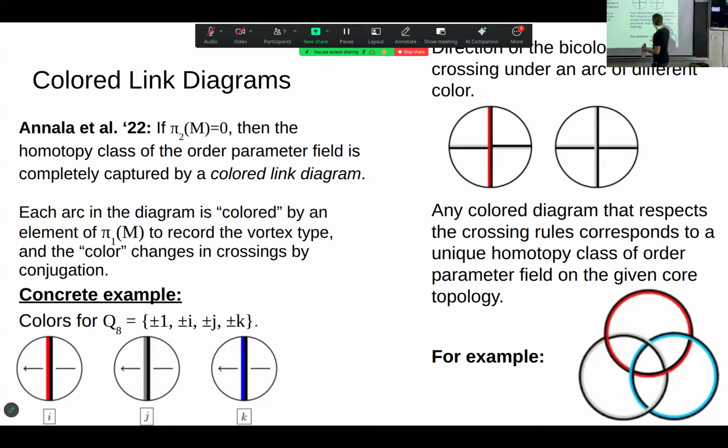Let me emphasize that this field is very continuous, very infinite, very complicated data, whereas this coloring is very discrete.